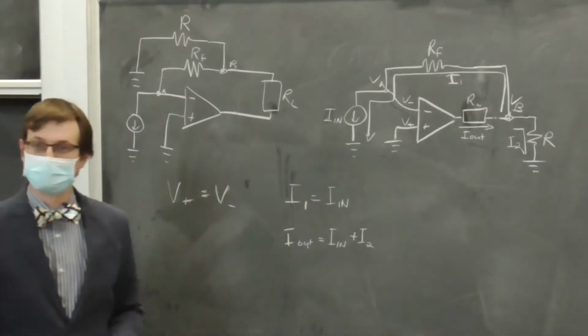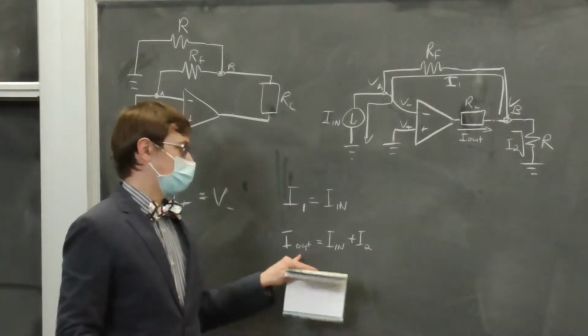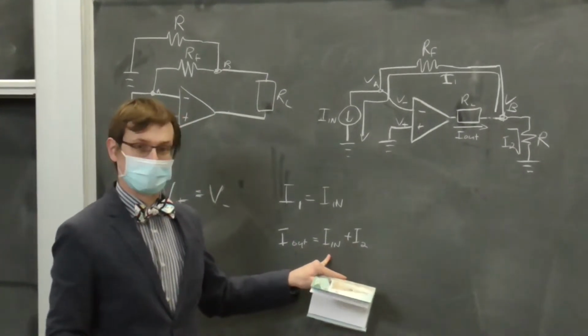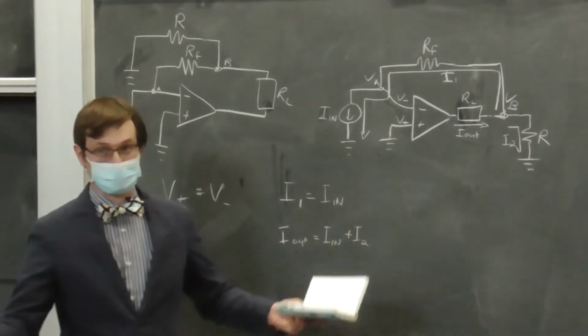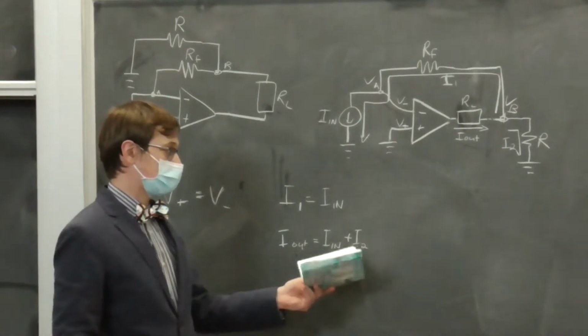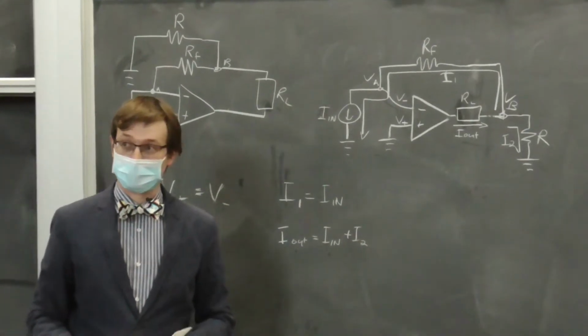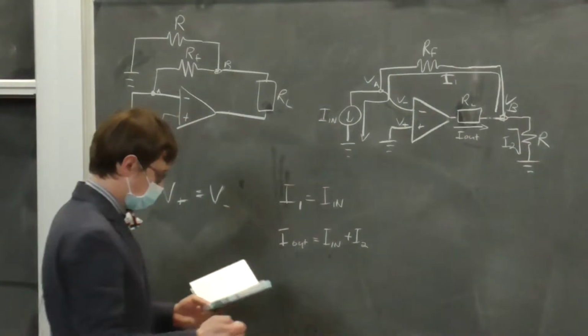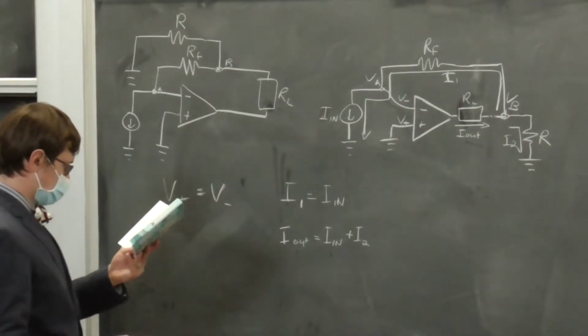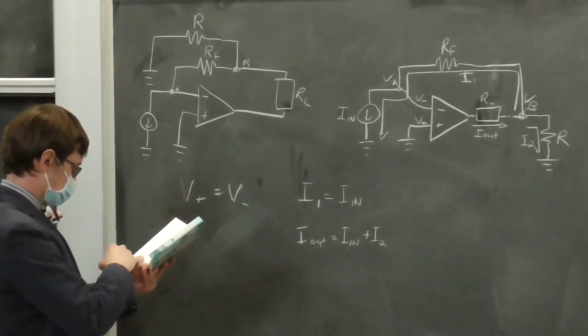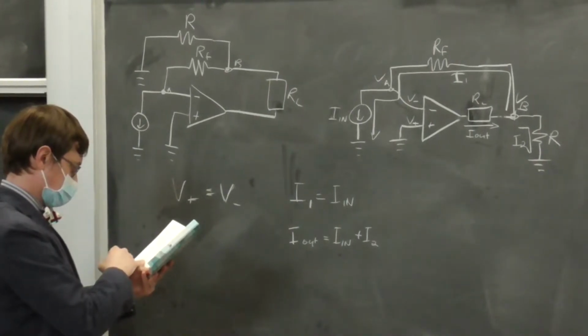Right? So, I out must be greater than I in, so this is a current amplifier. The only question is, how much is I2? Good. So, now we can start applying some voltages.